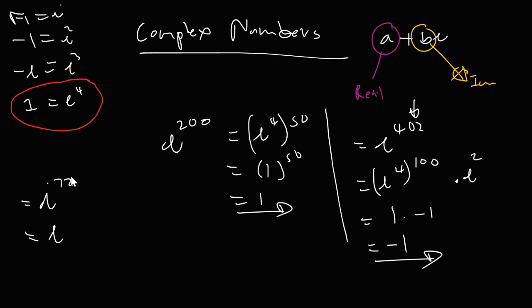So 4 goes here like 18 times. You can have your 4 here and your 18 times. Then this is going to give back your 72. So i to the 4 is obviously going to be 1, 1 power 18 doesn't change anything, go back to 1. So yeah, you can make use of this to solve most of your problems. Remember, if there's anything remaining, you compensate with this part here.